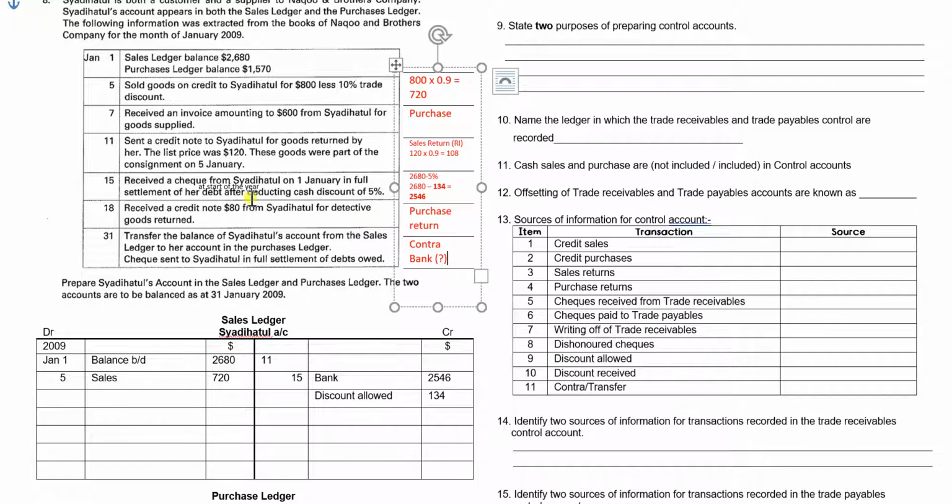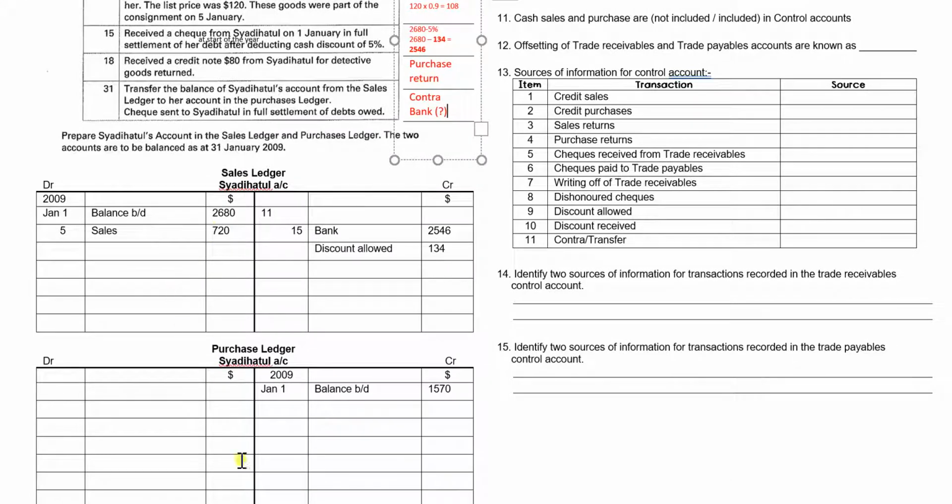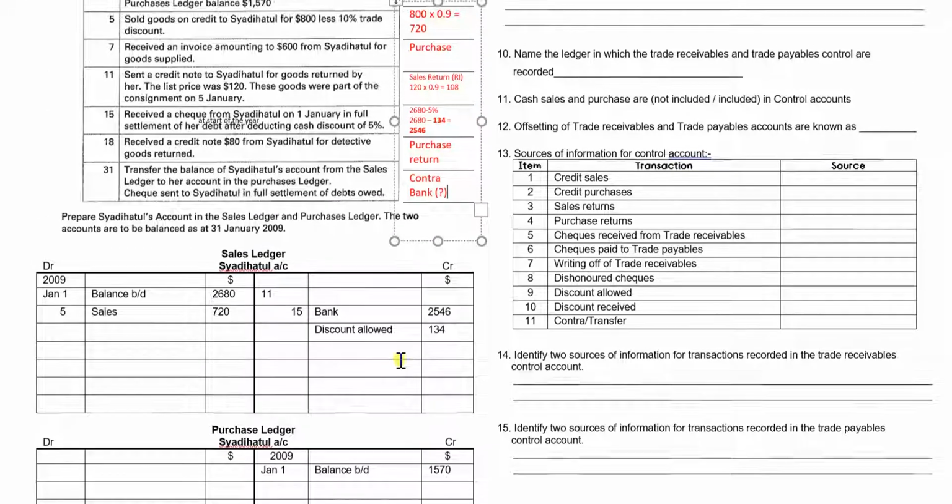You receive from her because you return the goods to her. You purchase, and then you return the goods to her, and then she will give you a credit note. That's why you have to be familiar with the source document and try to interpret this, then only you know which account you write it into.